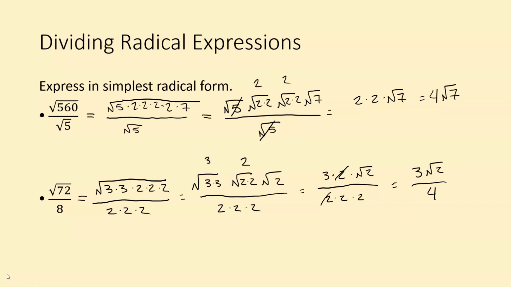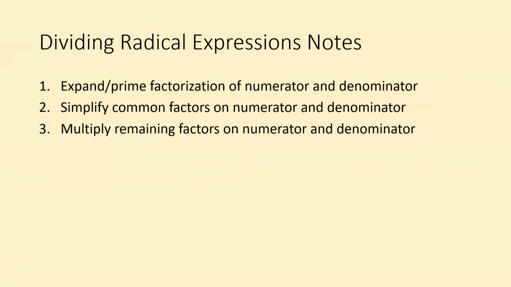So here are some notes you can say over dividing radical expressions. Please write these in your notes. First step, expand or find the prime factorization of the numerator and denominator if possible. Simplify any common factors on the numerator and the denominator.